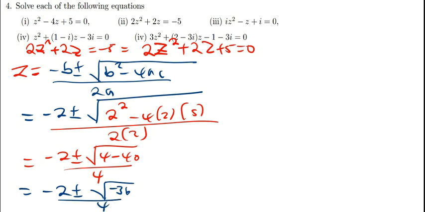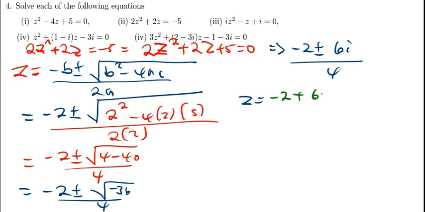Okay, so I'll continue from here. -2 plus or minus the square root of 36 is 6i, because that is going to give us imaginary, so it's 6i. I divide this by 4, so we'll have z will be equal to negative 2 plus 6i divided by 4, or z will be equal to negative 2 minus 6i divided by 4.